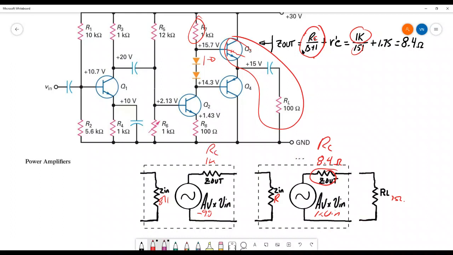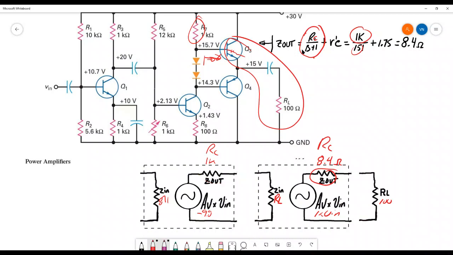Here's the load resistor, which is 100 ohms. And over here, this is Zin, looking this way. This is primarily RL, so this Zin is pretty much RL. And this load is pretty much RL. This Zout is pretty much RC. And this Zout is pretty much RC.